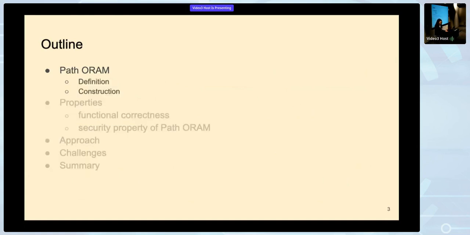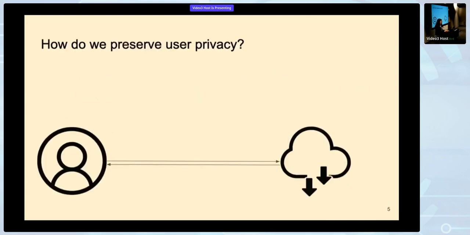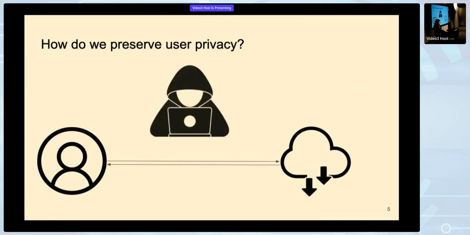Before I move on to the definition, I would like to start with the question: how do we actually preserve user privacy and do secure computation over a remote server? Here's a client-server model. Imagine that a user would like to do some computation over a cloud service, and there's a powerful attacker present.